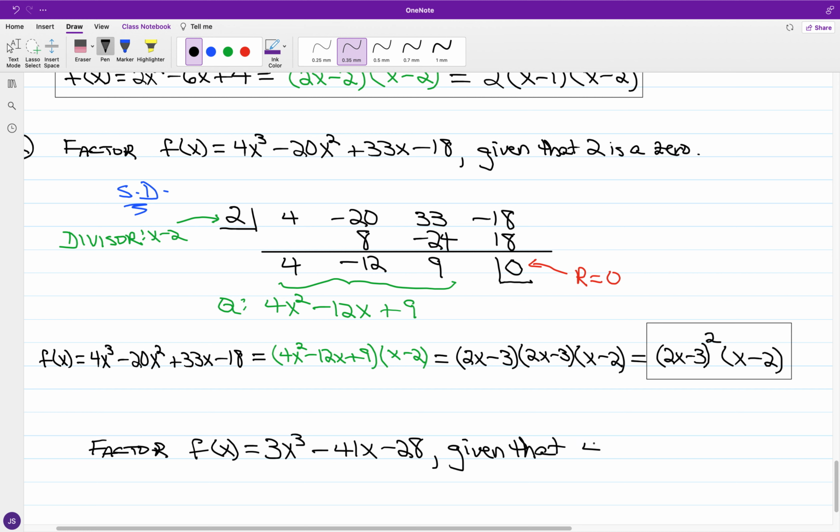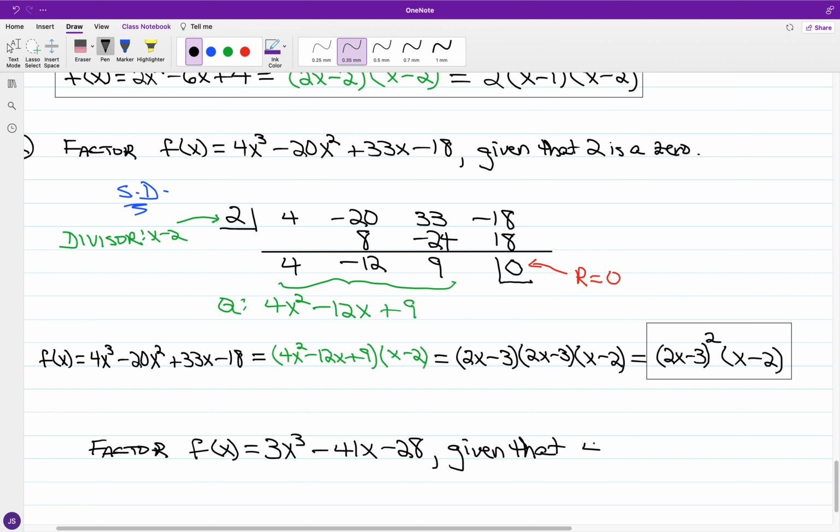Looking at what we have for the dividend, we have given that f of x is equal to 3x cubed minus 41x minus 28. If we were to look at utilizing synthetic division, we have an x to the third, and if you notice, you had to jump all the way to minus 41x.